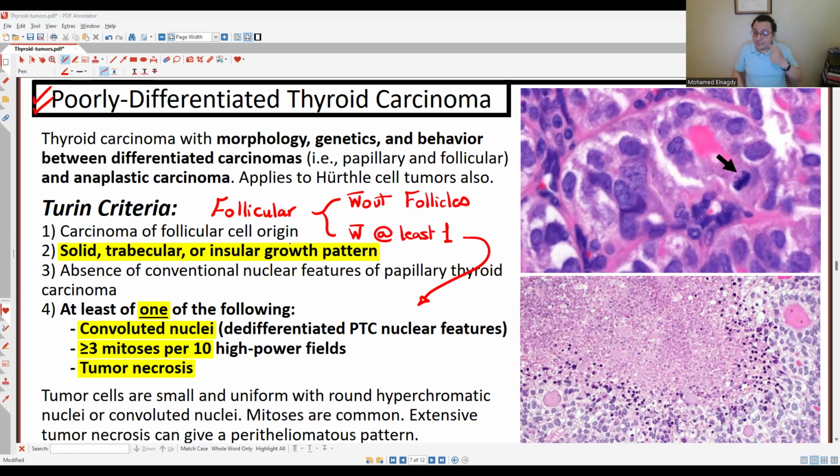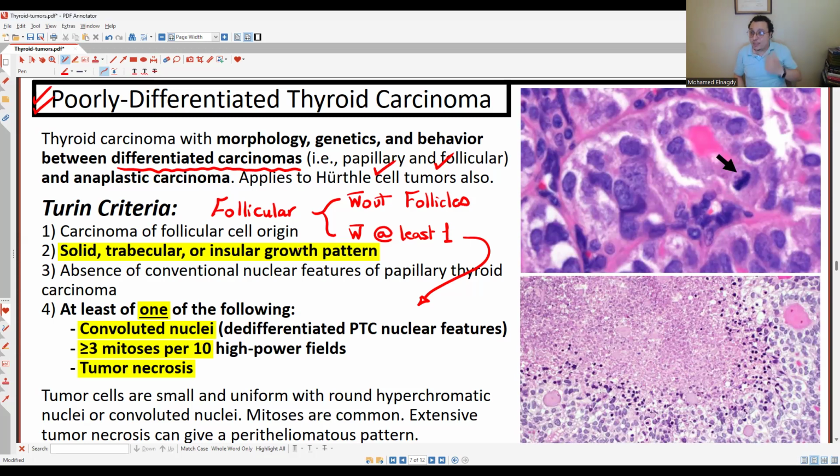If you do Ki-67, you will see that in the undifferentiated or the poorly differentiated area, you will see a very, very high Ki-67 index, much higher than the differentiated carcinoma that you see in the same slide or in the same specimen. So the thing is, poorly differentiated thyroid carcinoma, you need to see a differentiated carcinoma in the field, which is either papillary or follicular.